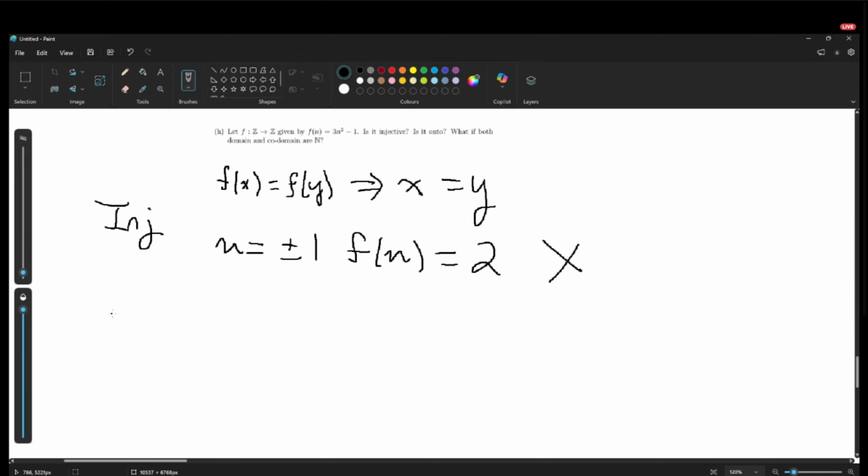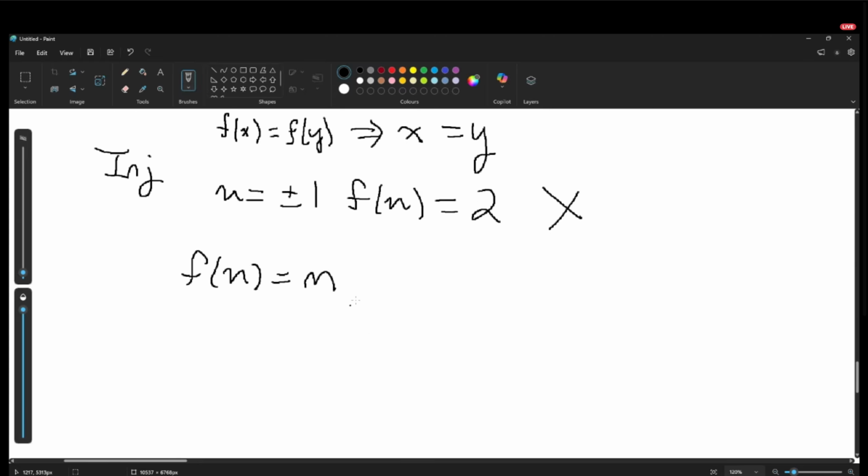Is it onto? So onto, also known as surjective, just means that the function goes to all the integers. Is it surjective? Well, that means that f of n must be equal to any integer m that we can come up with. Is this true?